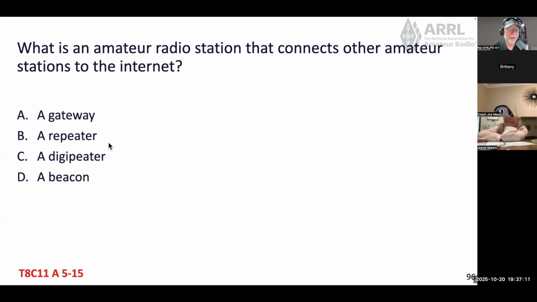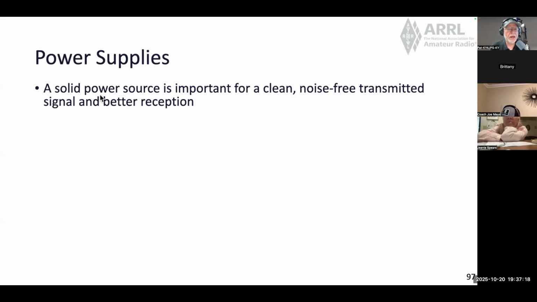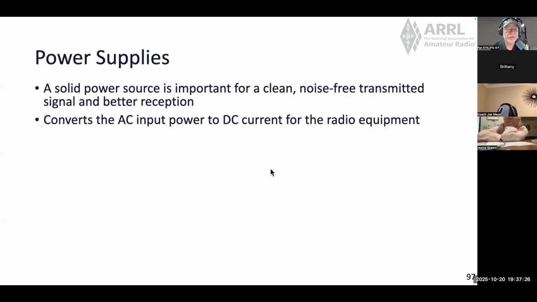Okay, let's talk about power supplies. How are we going to run that radio? A solid power source is important for a clean, noise-free transmitted signal and better reception. Usually, a power supply will convert the AC input power to DC current for the radio equipment.